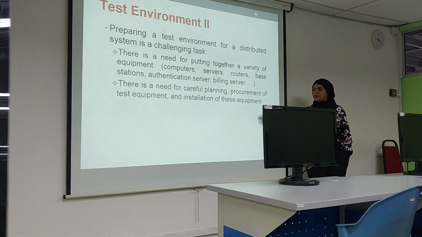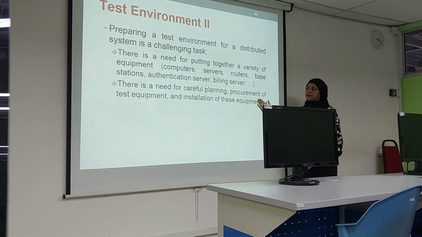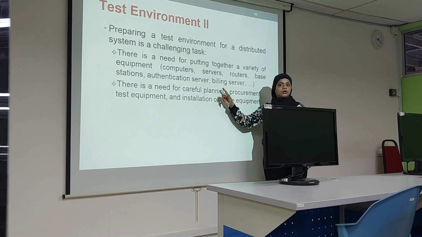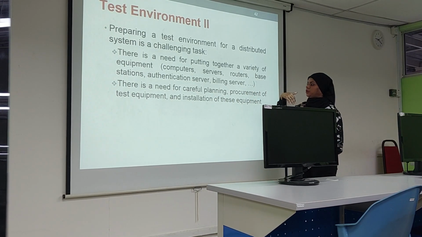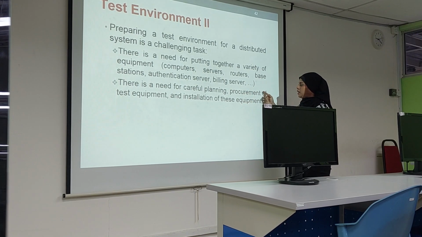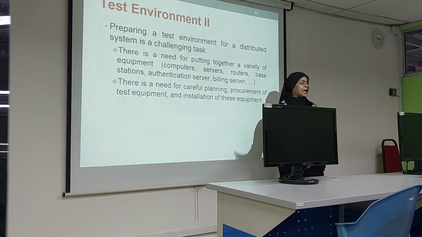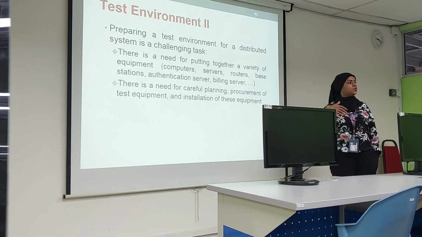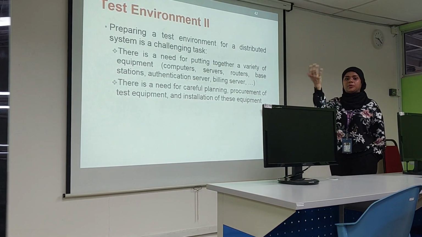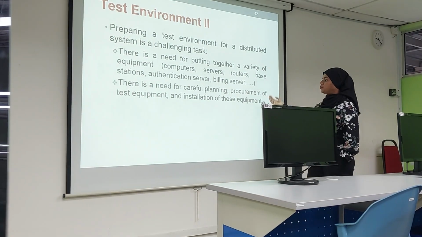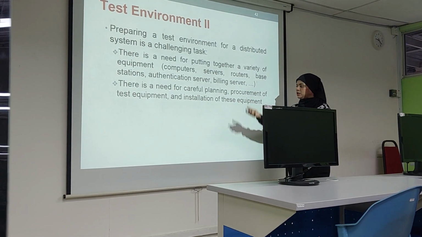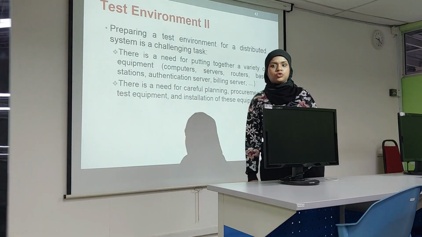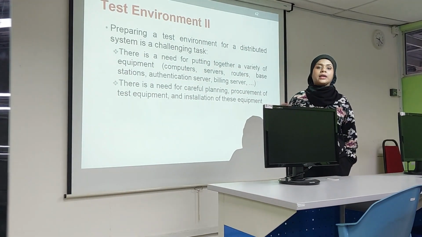Okay, so normally for setting up the test environment, we need proper planning. Based on what we plan, that is how we are going to set up the test environment. And if we have to buy any equipment, for example moving from manual testing to using an RPA testing tool, we need to buy the testing tool. So any testing equipment, and also its installation, to make sure that everything is working fine.